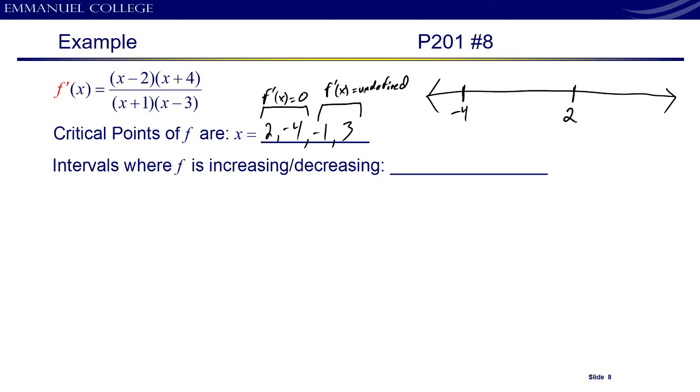But now f prime of x being undefined, think about when we do undefined, that's usually a vertical asymptote. So that's what I'm going to use to represent it here. I'm just going to draw a little dashed line. And that's going to give me my partitioning into these intervals of increasing and decreasing.